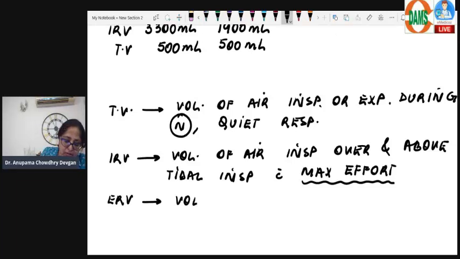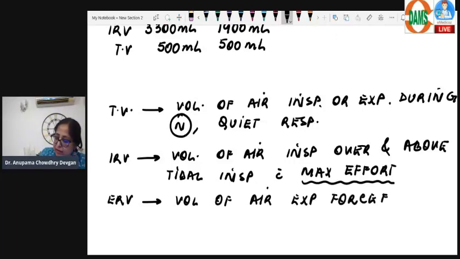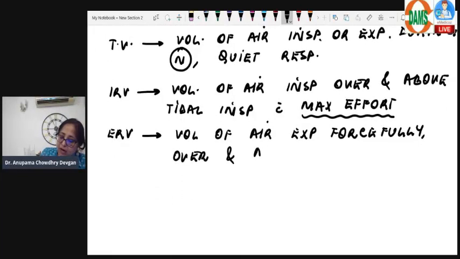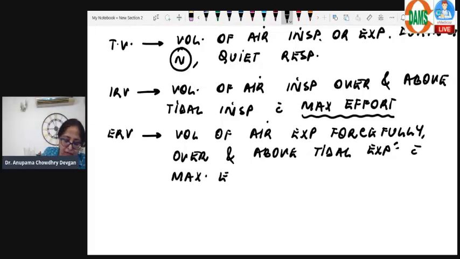What is expiratory reserve volume? Volume of air expired forcefully over and above a tidal expiration with maximum effort.